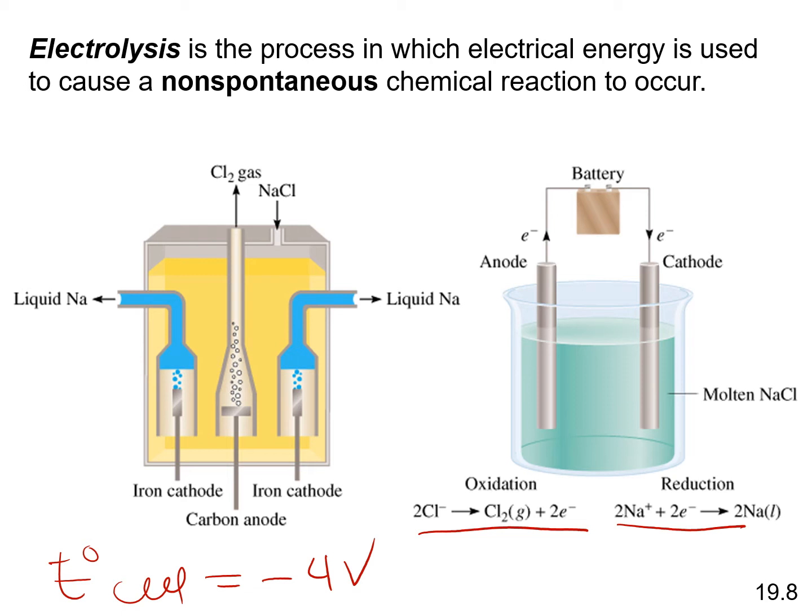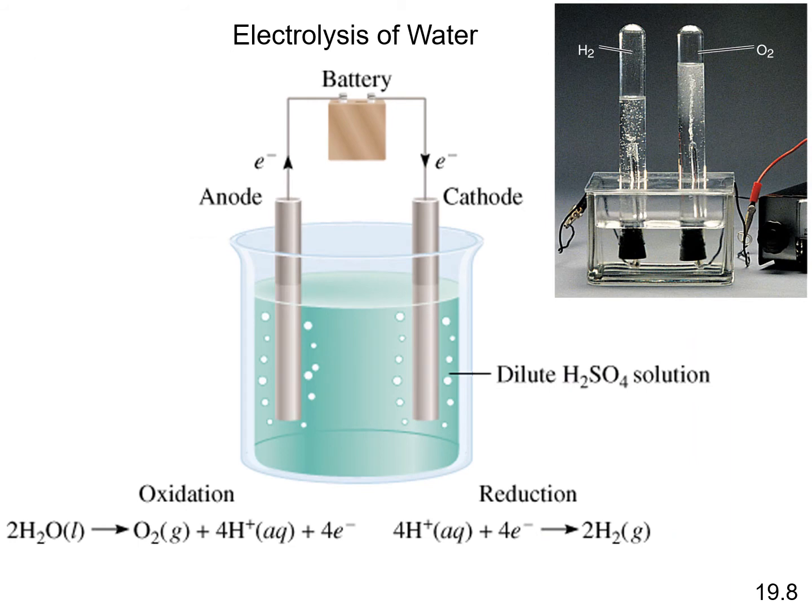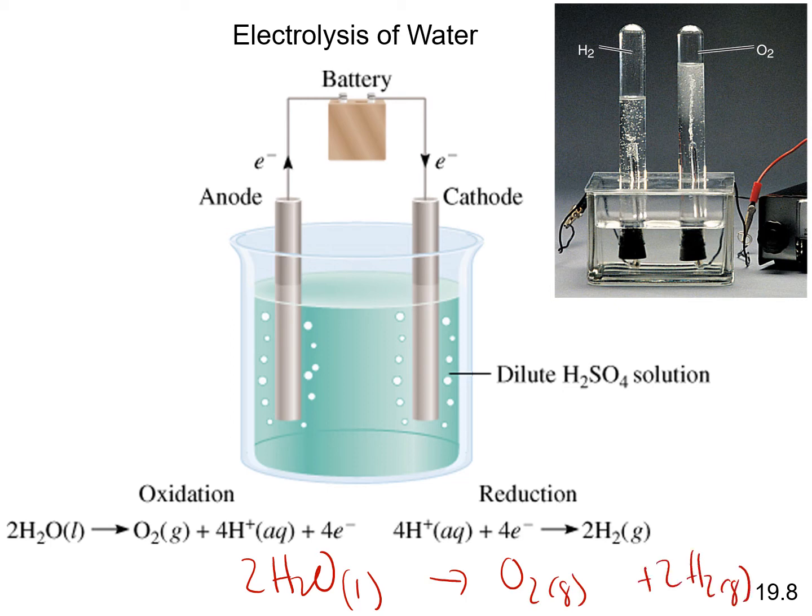So let's focus, before we go to the quantification. There's also electrolysis for liquid, or electrolysis reactions in aqueous solutions. This is much more complicated than the molten salt electrolysis. Here, the electrolysis of water, so basically the overall reaction is your water breaks apart into oxygen gas and then hydrogen gas.